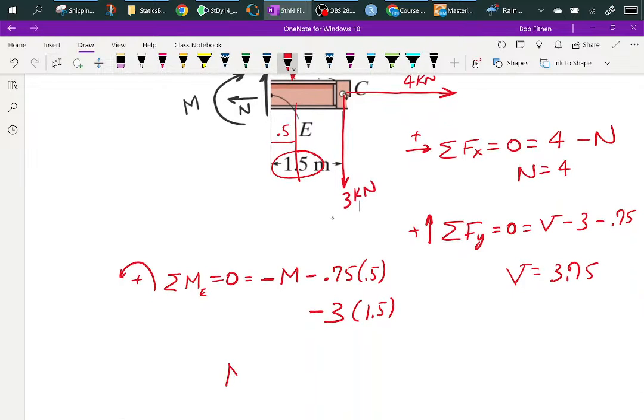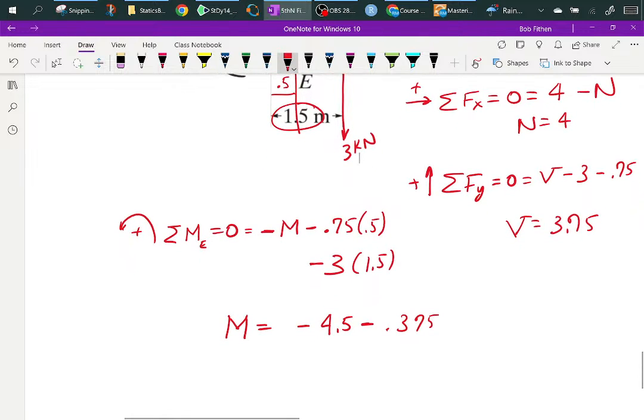So what you find out is your moment is going to be equal to -3 times 1.5, or that's, I think, 4.5. And then minus a half of 0.75. Isn't that 0.375? So the moment there would be -4.875.